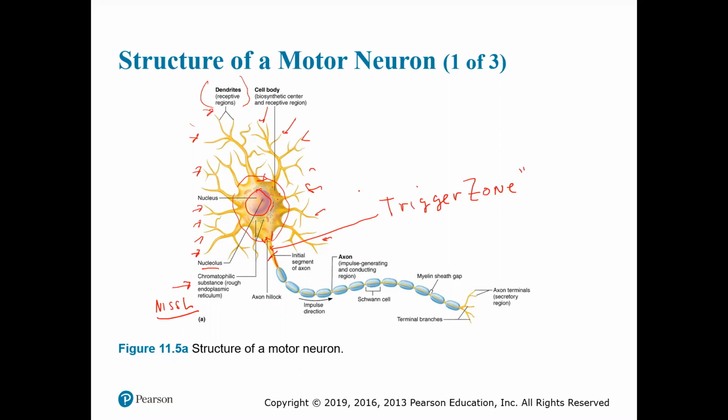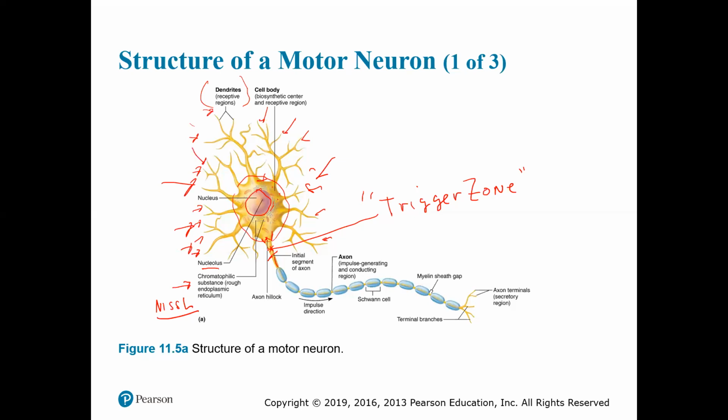Because now we have to learn about this. We'll do it later, about depolarization and action potential. So this trigger zone takes all the information that's coming in, whether it's excitatory or inhibitory, and you're going to learn that too.